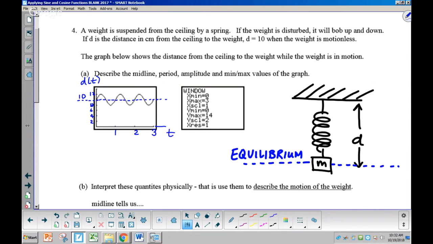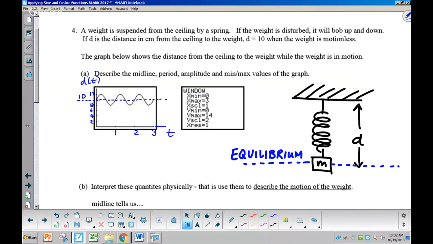Everybody follow that? Okay, so I have 2 ways of disturbing this mass hanging from the ceiling. I can either push up on it, and then it starts bobbing up and down, or I can pull down on it and it starts bobbing. So, what does it look like I did? Right now it's in equilibrium at time equals 0. And the distance from the ceiling is getting bigger.